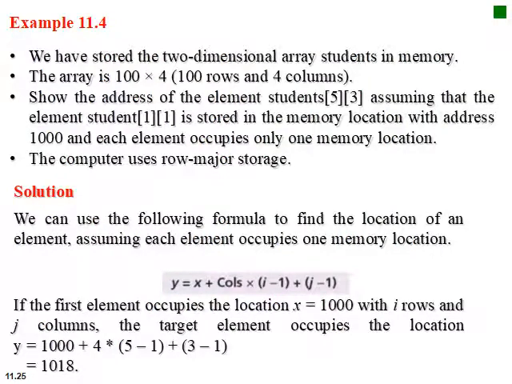The next example. So in this example, it is also about finding out where physically something is stored in memory. So let's assume we have stored the two-dimensional array students in memory. So the array is called students. The array, let's assume, consists of 100 times 4, so 100 rows and 4 columns.